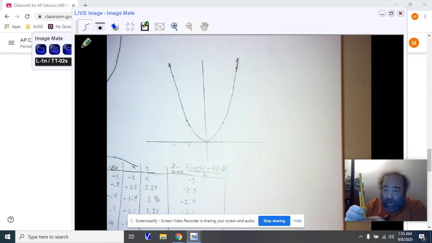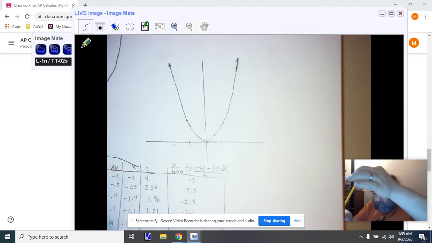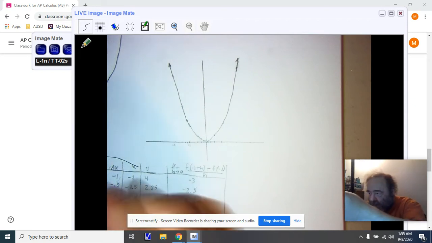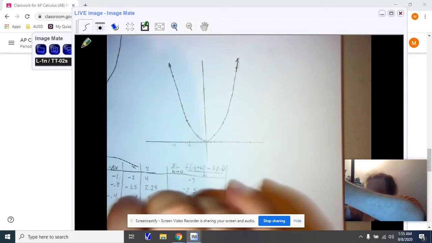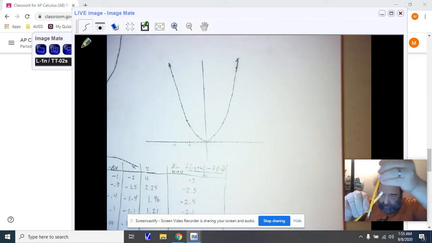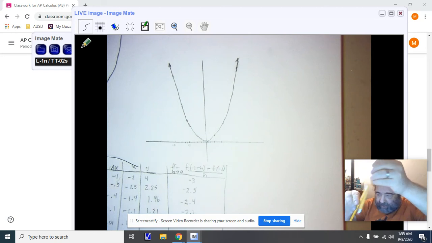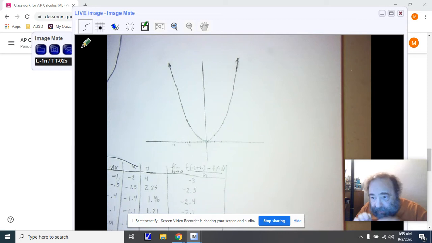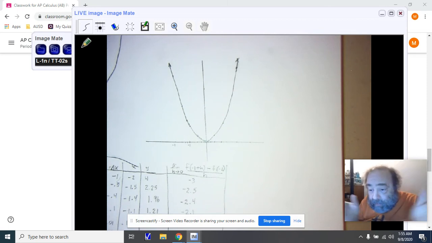One slope was coming down on our graph, and the other is going up. They're approaching like so. When we reach that one point where our delta x is so small that we can't even tell the difference between the 2 points, we're at the tangent line.